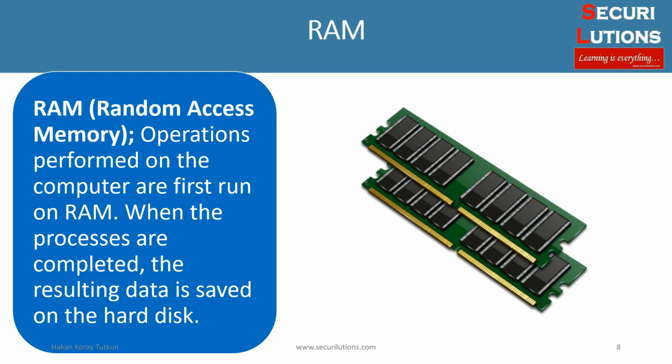In other words, the operations performed on RAM are instant operations and the information is kept on it temporarily. For this reason, the operations performed on the RAM while working on the computer should be stored on the hard disk at certain times. Memory is used to load and run applications, respond to commands, or toggle between multiple programs. After the data is processed in RAM, its final state is stored on the hard disk for later use.